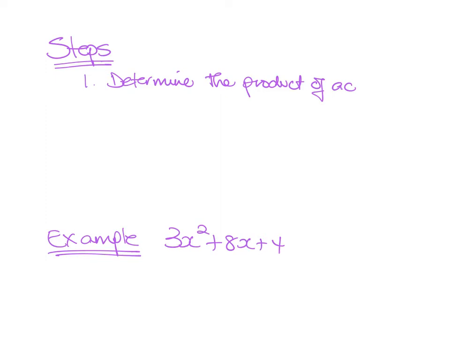Remember, a quadratic is ax squared plus bx plus c. So we're going to multiply a by c. Remember that a is the coefficient of x squared and c is the constant. So the first step is to find a by c, which in this case is 12.